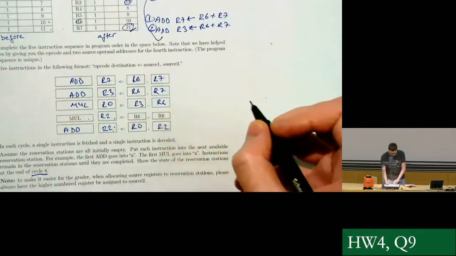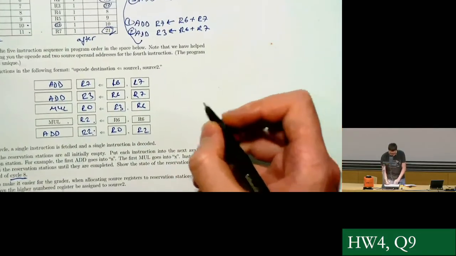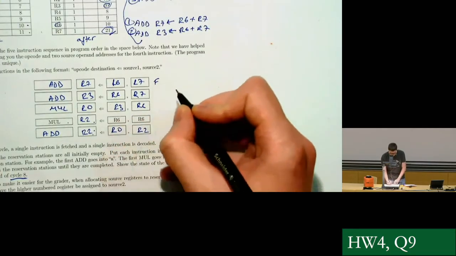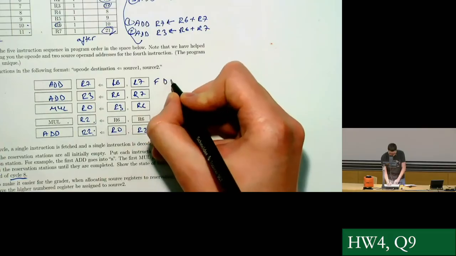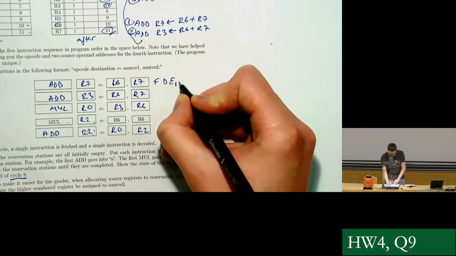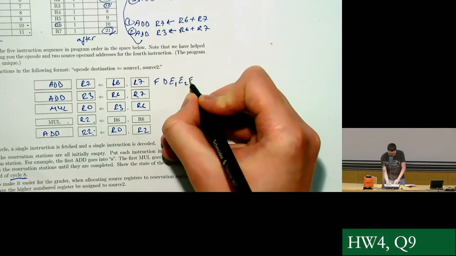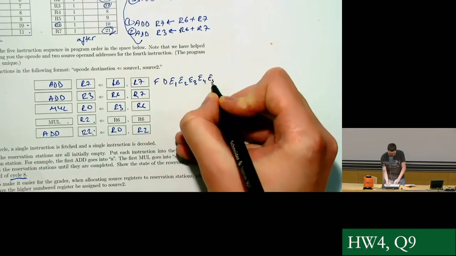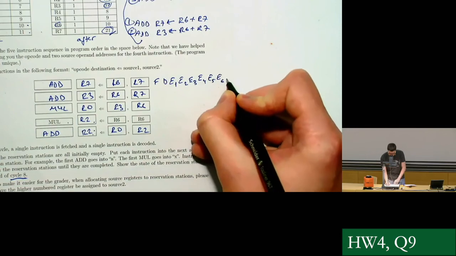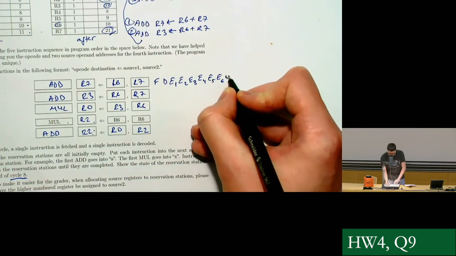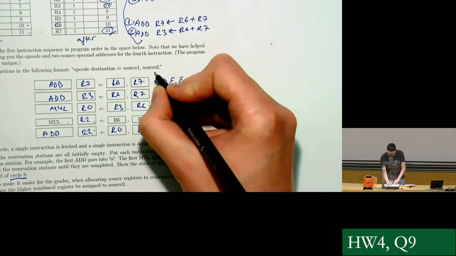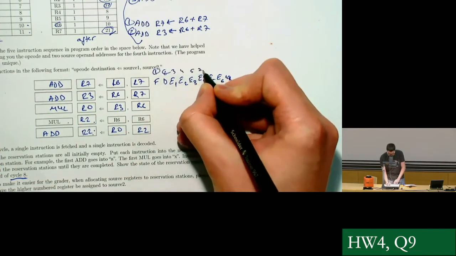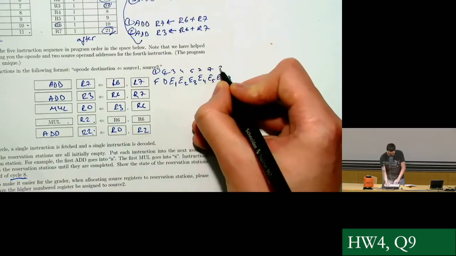So I will just write it here. In the first cycle, for the add instruction, we will do fetch and then decode, and then we will go through E1, E2, E3, E4, E5, E6, and then write back, right? So this is the first cycle, second, 3, 4, 5, 6, 7, and 8.